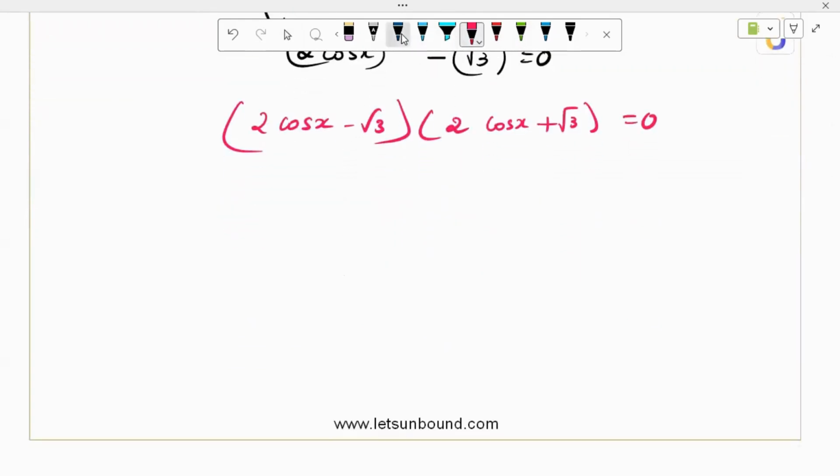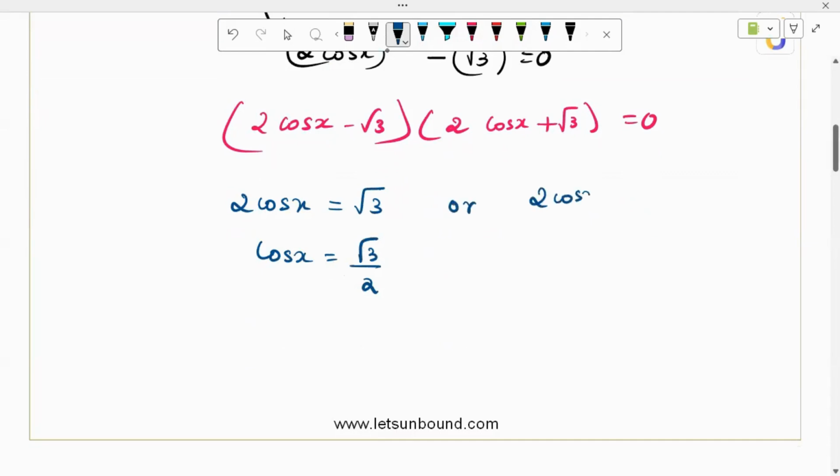And let me equate it. So 2 cos x minus root 3 equals 0, the first factor, if you equate to 0, we get a simple cosine equation: cos x is root 3 by 2. Or 2 cos x is minus root 3 from the second factor, and cos x is minus root 3 over 2.